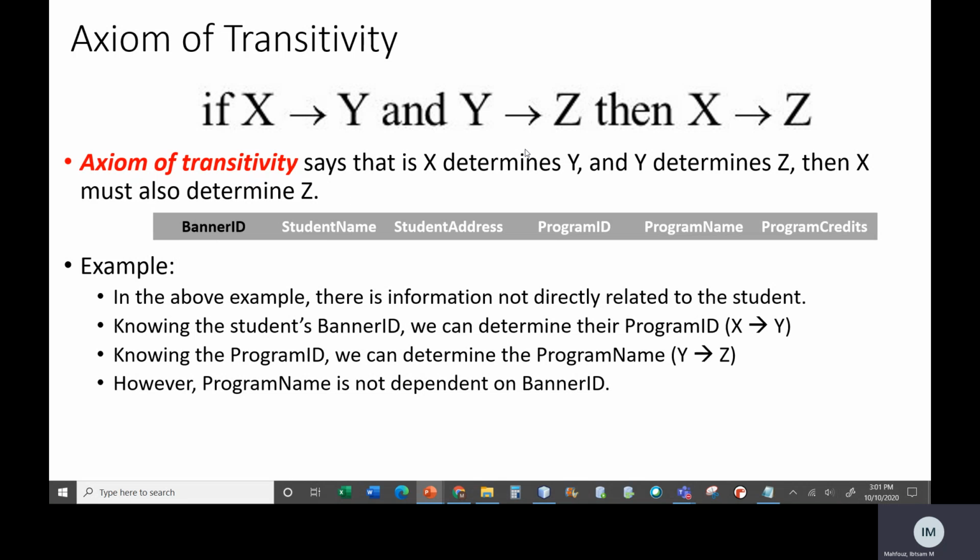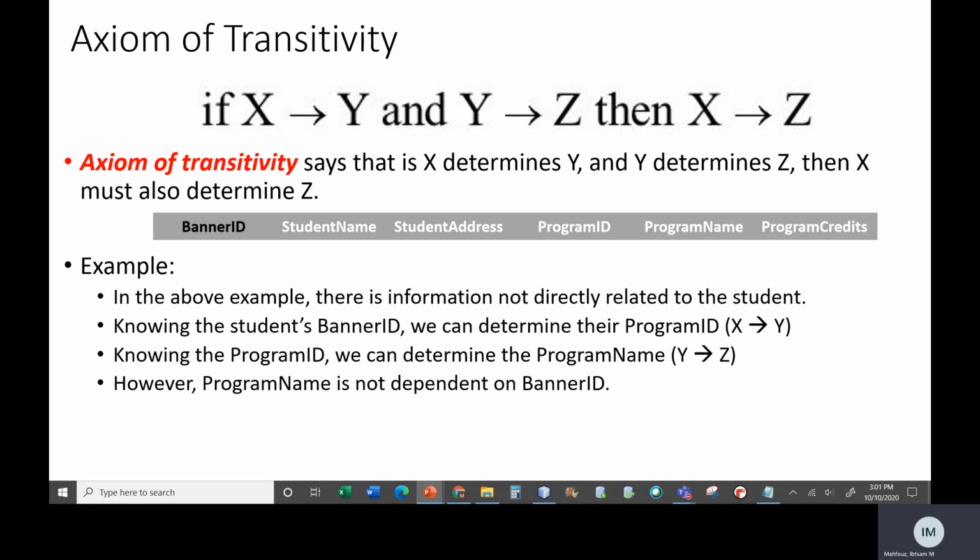And banner ID is determining how many credits the program is. Well, that doesn't seem right. I shouldn't be able to get it that way. But because the data here is stored in one table, I am able to get it that way. And so this is the axiom of transitivity. I am able to get it because I'm storing all the information in one table.